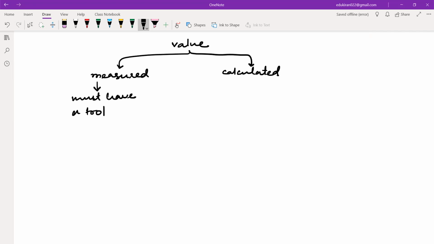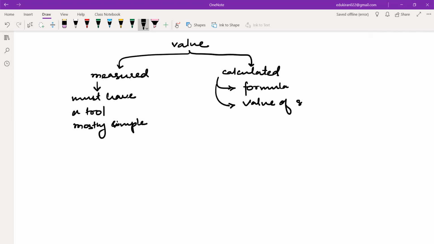These measured things are mostly simple, not very complex. And if you're going to calculate something, it should have some kind of formula, and we should have the values of simple properties.